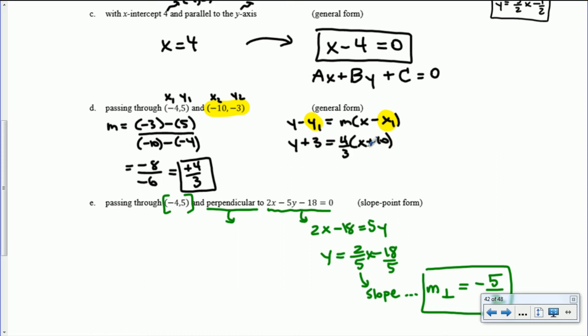And now we just need to get this into general form. So I need to get rid of this denominator. It would probably be easier if I just multiplied everything by 3. That's probably what I would prefer to do because I think it'd be quicker. It saves me the step of having to distribute the 4/3 into each of these.